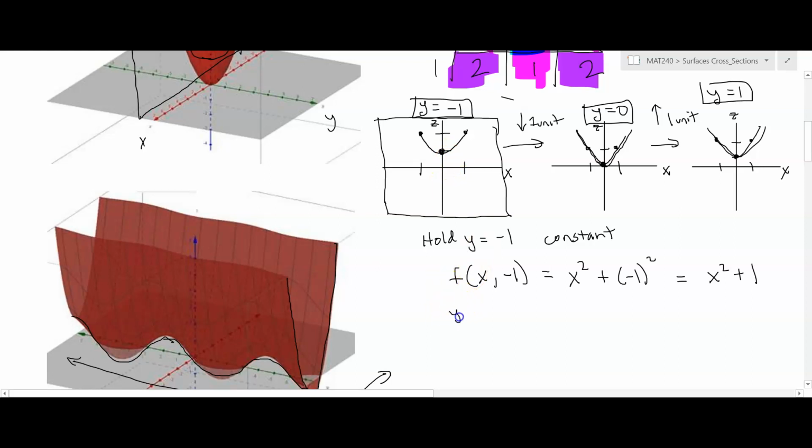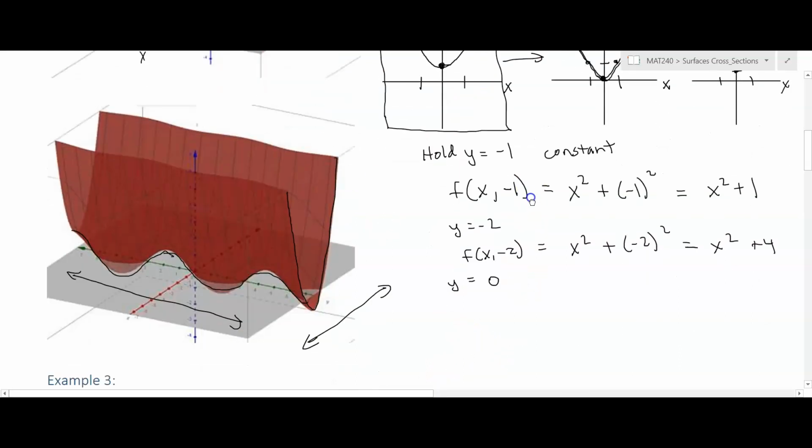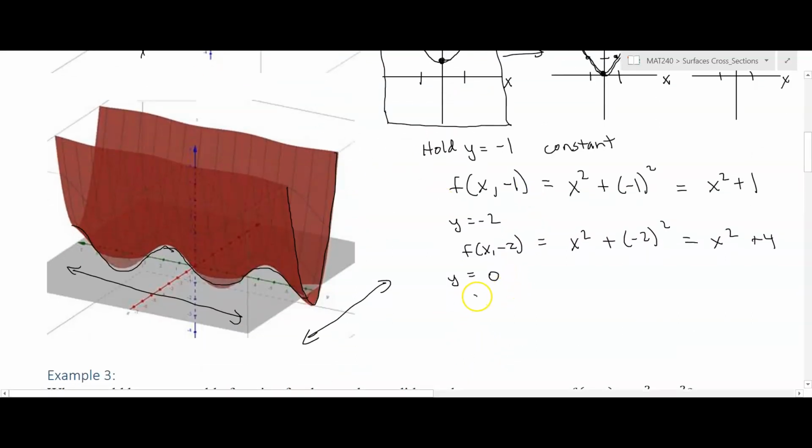And when y is -2, we see that f of x comma -2 is equal to the graph x squared plus -2 squared, which is x squared plus 4. So if I had used y as -2, then this function would have been shifted up 3 more units. And also we could do y is equal to 0 and see that that's just going to be another parabola, f of x comma 0.